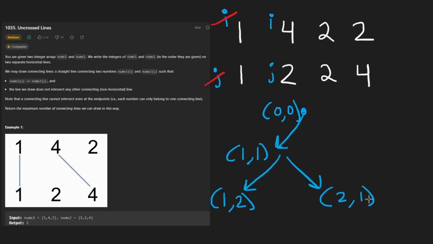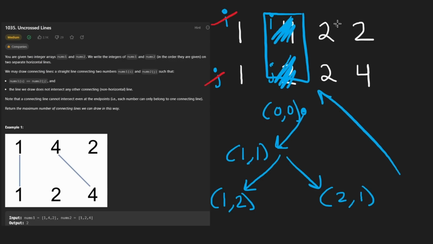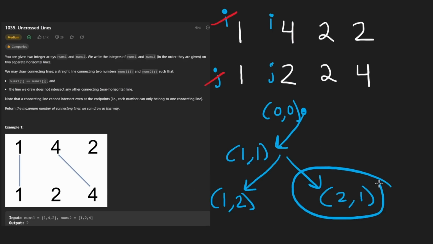Well, you might be thinking, what about the case where we maybe want to skip both of these characters? Maybe there's just not a matching pair for either of them. You're right. We definitely want to consider that case where we just go to the next position. But believe it or not, this current decision tree will handle that case because notice, if we find no matching characters in this subproblem, then we'll branch again.